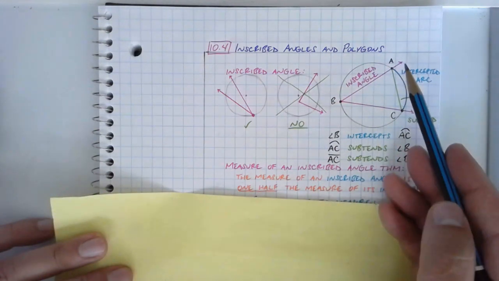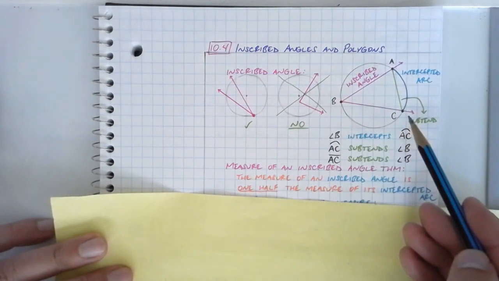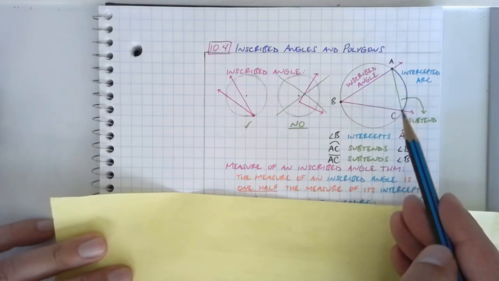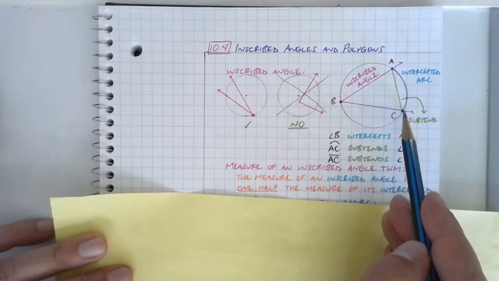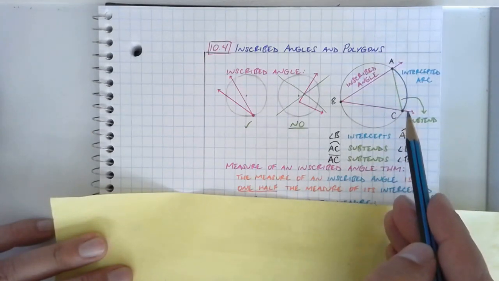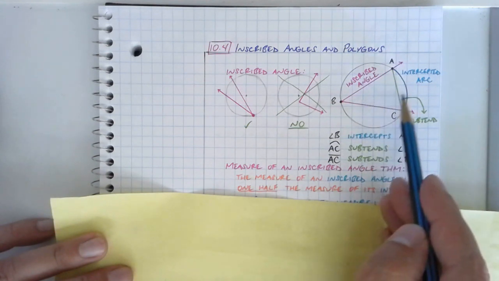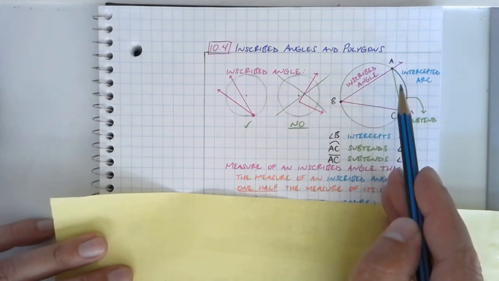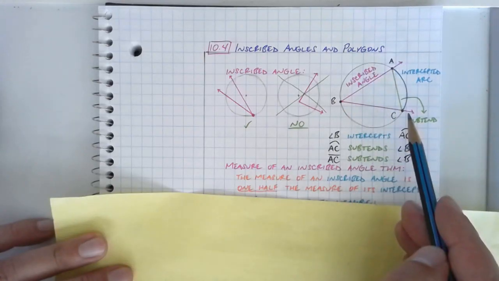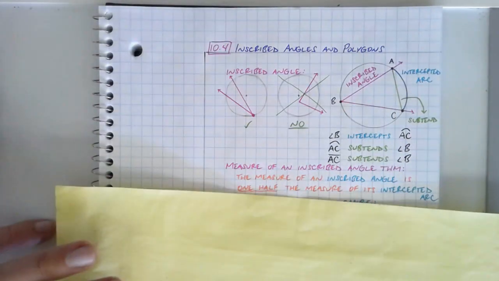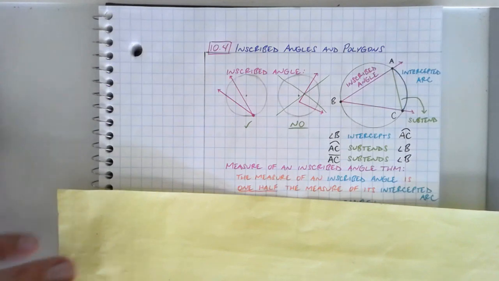So if I talk about angle B right here, both arc AC and chord AC are subtended within that angle. All it means is it's contained on the inside, just inside the wedge. So it's not a terribly important term, but you're going to see it used. Again, I'm fundamentally going to get an inscribed angle and something called an intercepted arc.